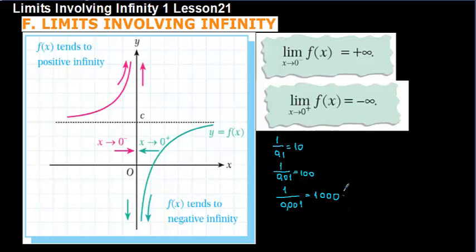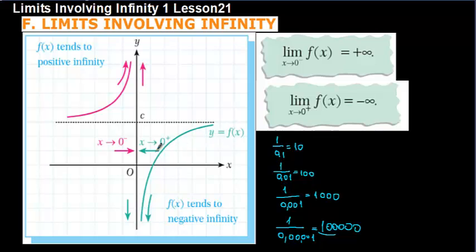So if you use infinitely many zeros, a huge number like 1 over 0.00001, and I add 1 more zero. Now, as you understand, when you make this number smaller, the value of 1 over x is going to be bigger.